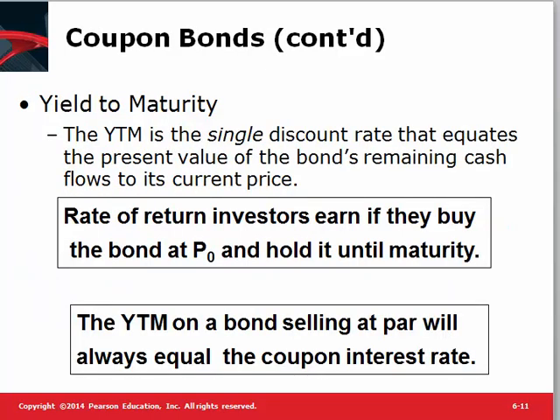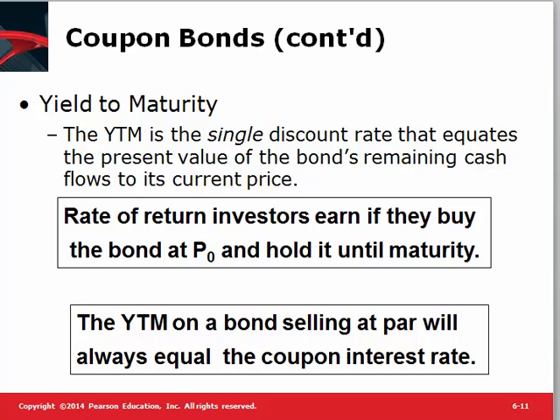Yield to maturity is that interest rate that ultimately equates the cash that you're going to pay to buy the asset with the present value of the cash flow. And that's really not very enticing, you know, on a "God, I need to know that kind of information" level. But here's a better definition for it.